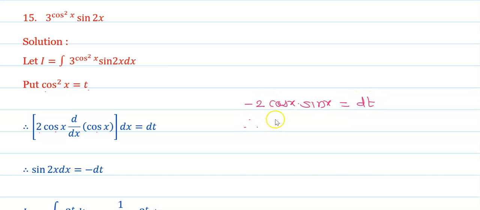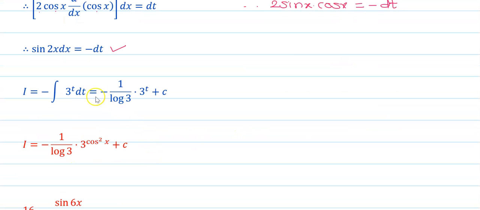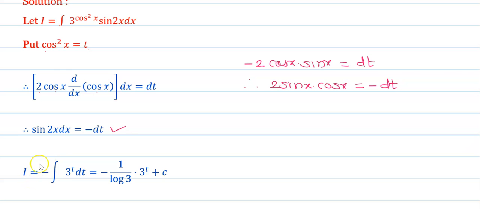And hence here minus 2, we can transfer this minus sign to the right hand side. That is 2 sin x into cos x is equal to minus dt. 2 sin x into cos x means what? Sine of 2x into dx is equal to minus dt. And hence the integral will change.